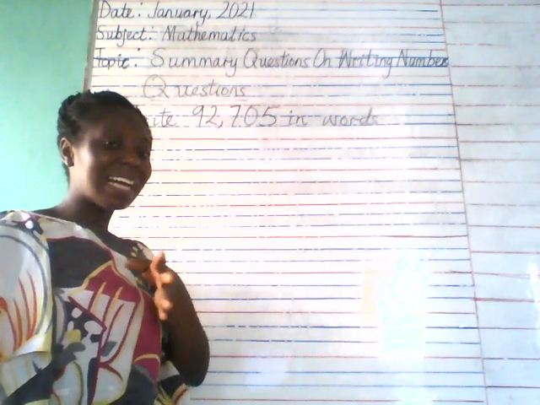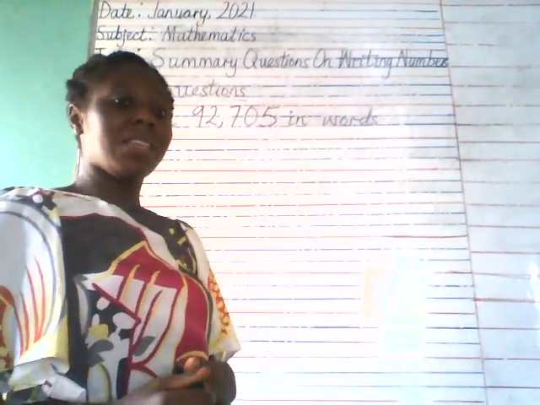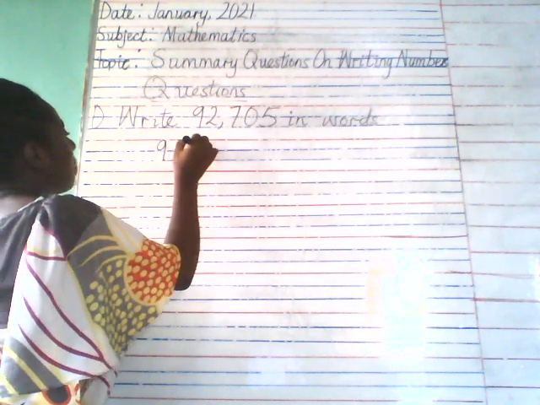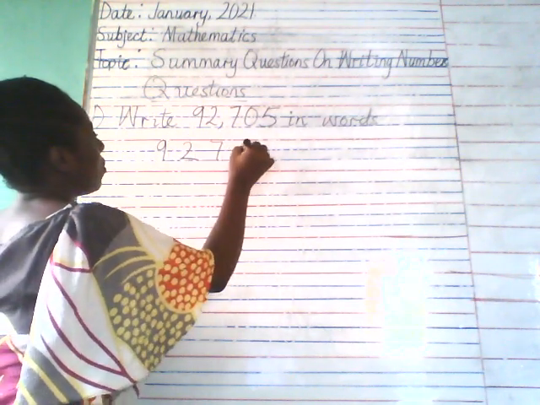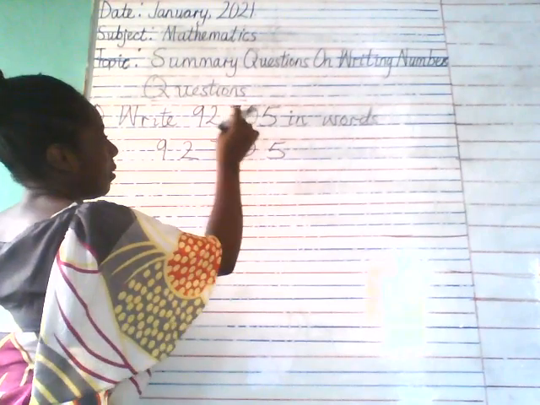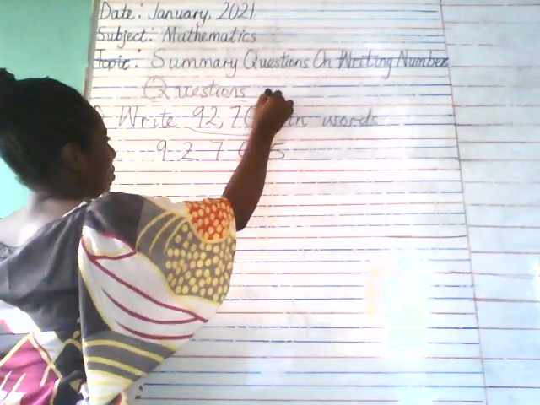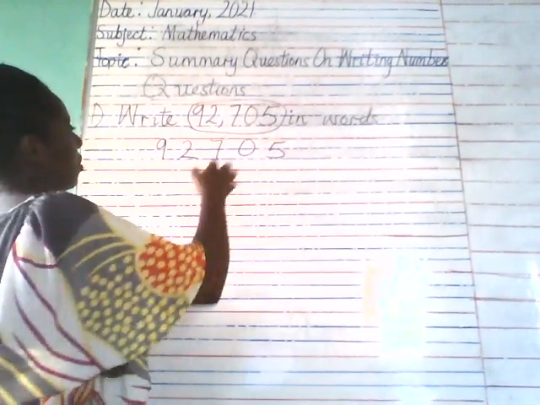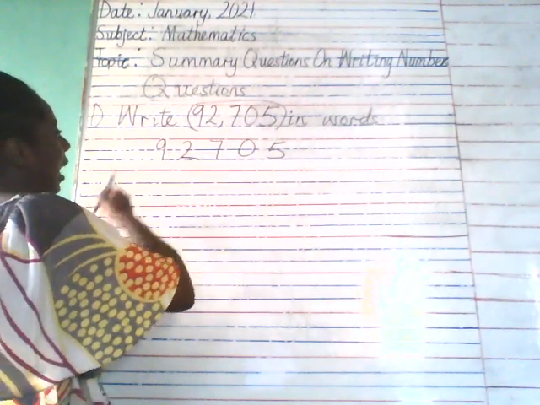Remember, we learned that if we are asked to write numbers in words, we have two things to do. The first thing to do is to place the values on the number. Look at the number we have to write in words. You write the number out.